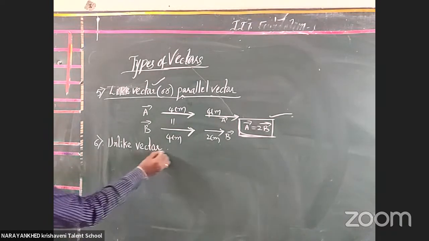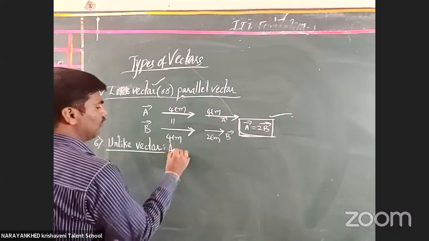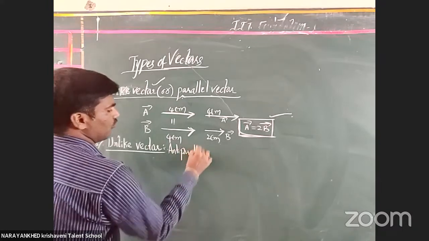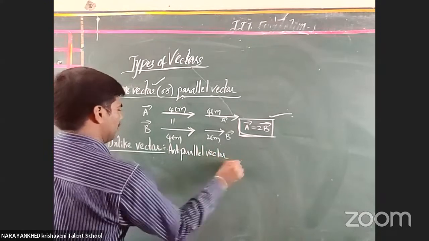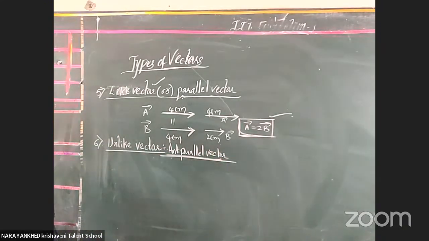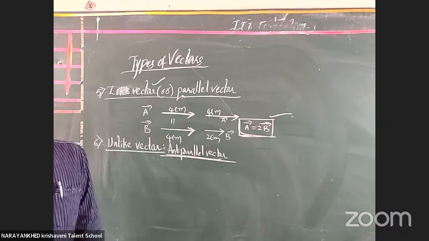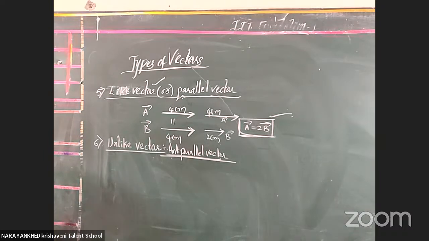There is one more thing. Unlike vector is also taken as anti-parallel vector. It is also written as anti-parallel vector.